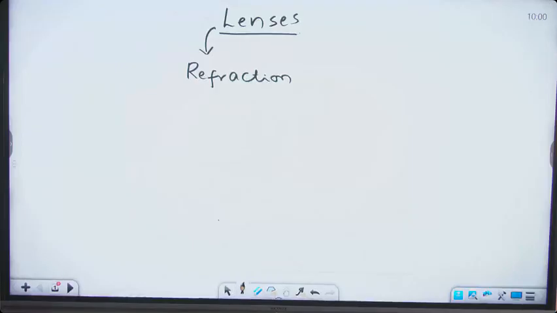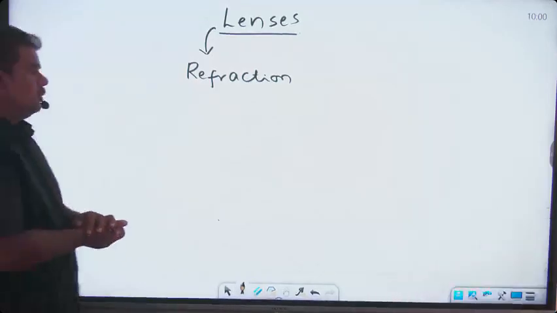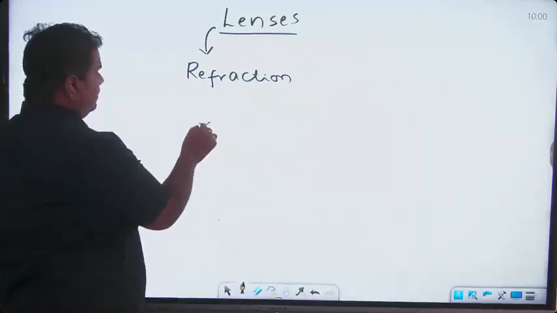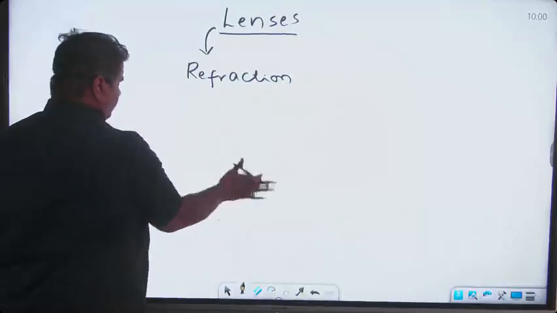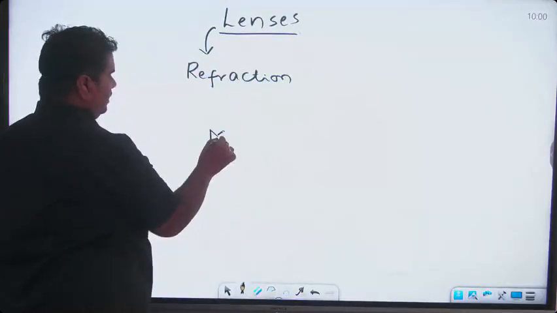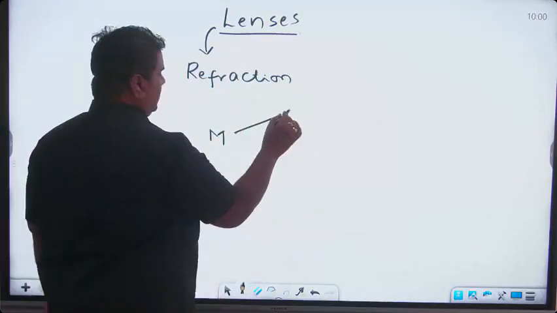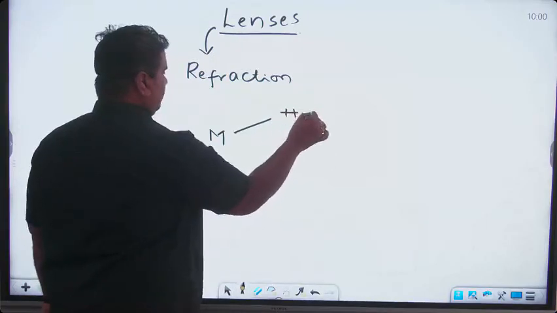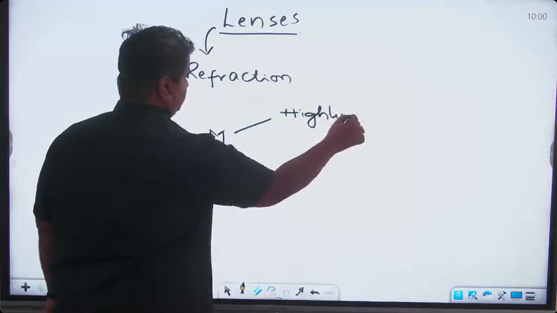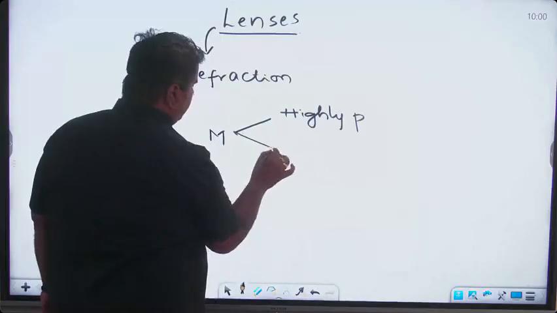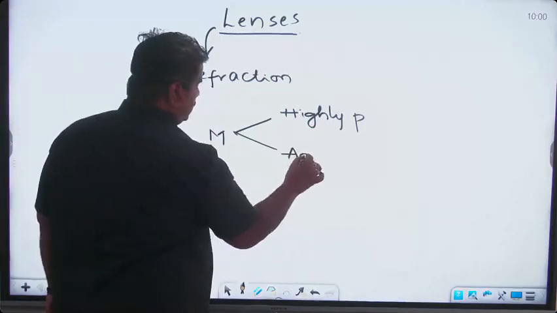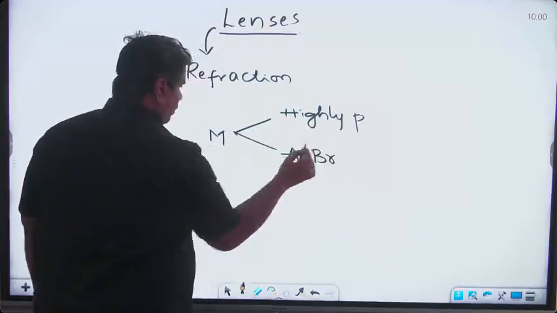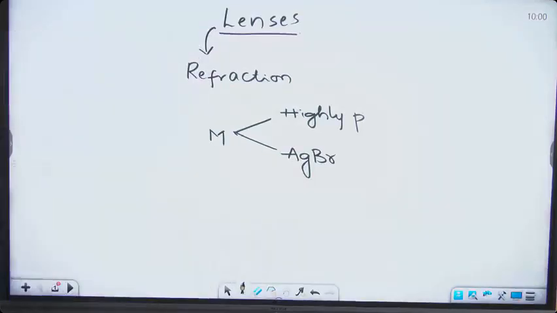In a mirror, one side of the glass plate is highly polished and the other side is coated with silver bromide, that is AgBr. That is what we call a mirror.